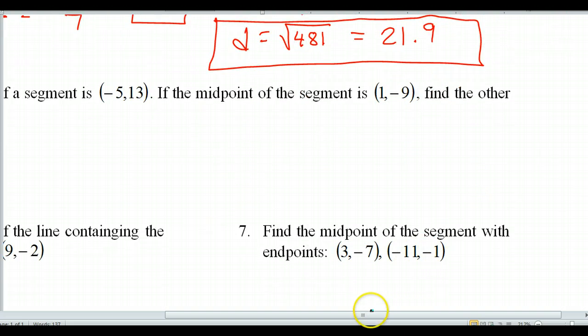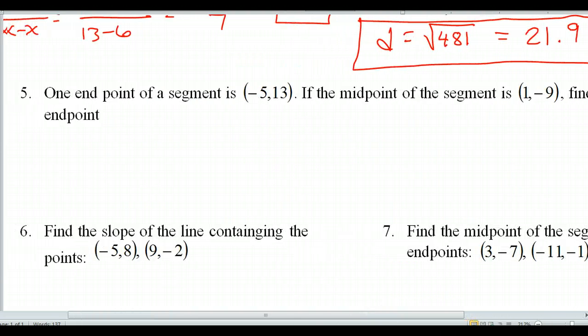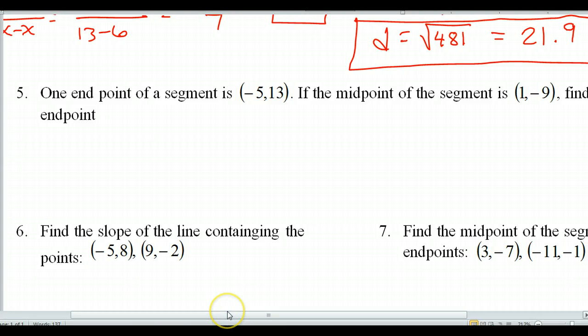All right. Have you guys done number 5 already? Okay, so looking at number 5, what we've got here is endpoint, midpoint, endpoint. So we're given negative 5, 13, and we're given a midpoint of 1, comma, negative 9.